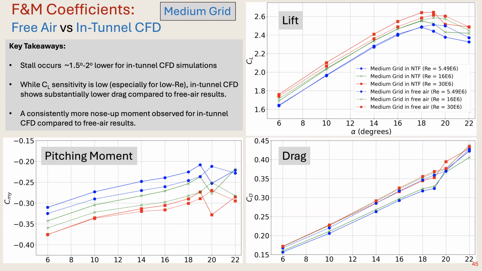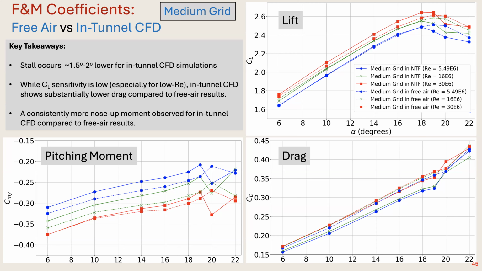I will touch the main things. As I mentioned, we also ran a free air case with the same medium grid resolution, and we compare that at three Reynolds numbers: 5.5, 16 and 30 million. Solid lines are the installed case and dashed lines are the free air case.